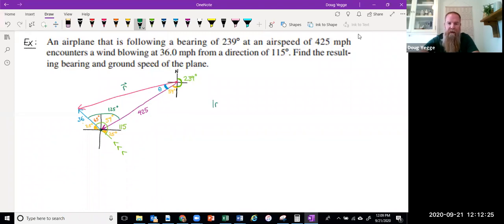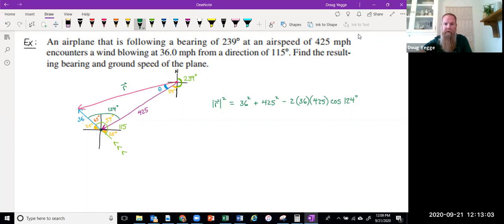So the magnitude of r squared is equal to the sum of the other two sides squared, so 36 squared plus 425 squared, minus 2 times the product of those two sides, which is 2 times 36 times 425, times cosine of the angle between them, which is, I'm sorry, that should be 124 degrees, not 25 degrees. So 124 degrees. And there we go.